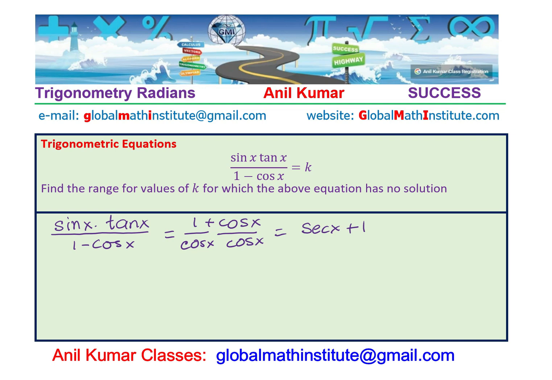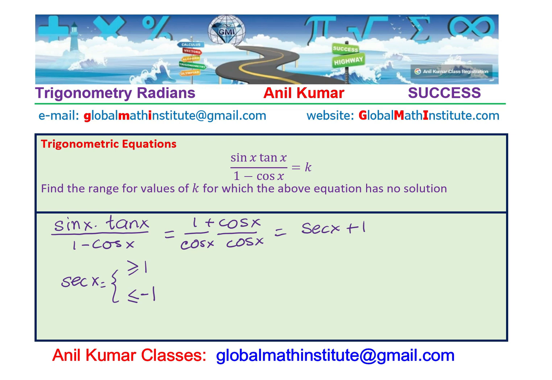As you know, secant x is either greater than or equal to 1 or less than or equal to minus 1, correct? So there are two ranges. The absolute value of secant x is always greater than or equal to 1, you can say.